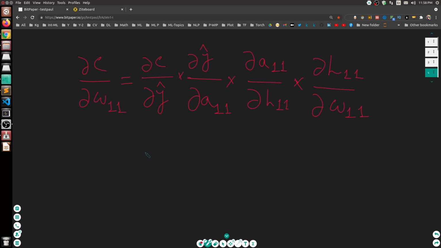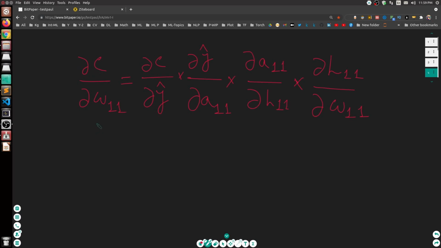by del W11. And then the question is why we are doing all these four different individual component-wise differentiations, and the answer is that we create a chain so that each individual partial derivative can be easily calculated, and thereby we get the derivatives of two variables which are not directly connected, that is del C, this cost function.